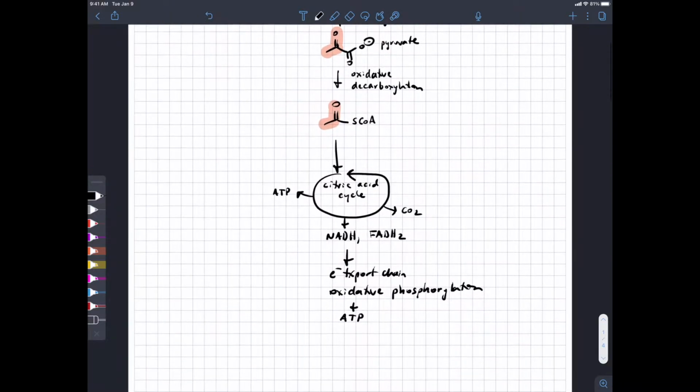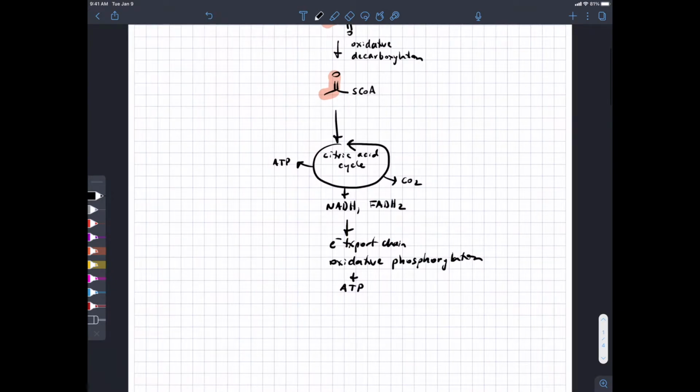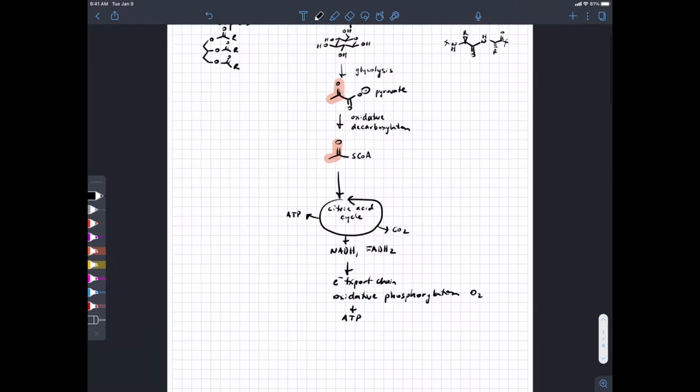Oxygen is consumed in that process, and we make water from oxygen. So that's carbohydrates in a nutshell. That's where they end up.